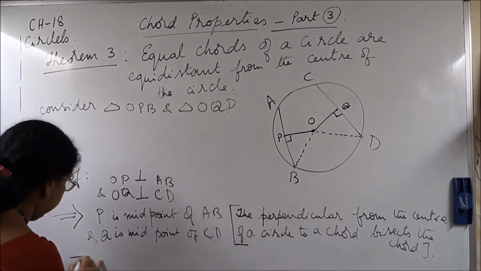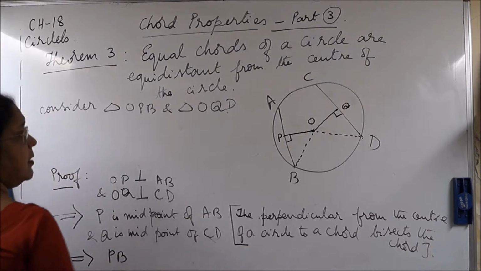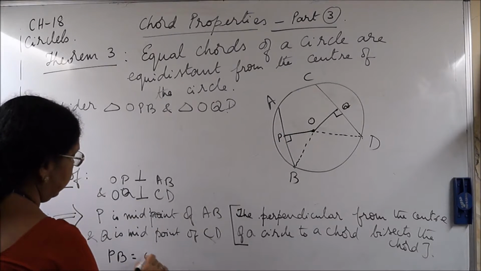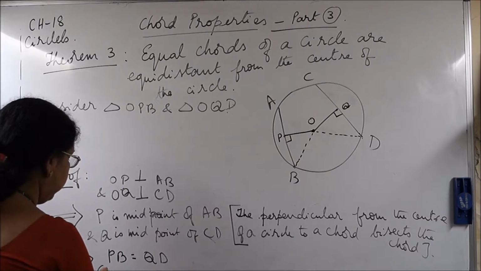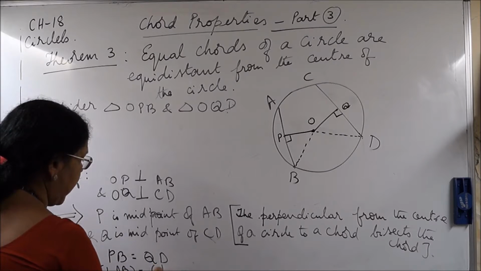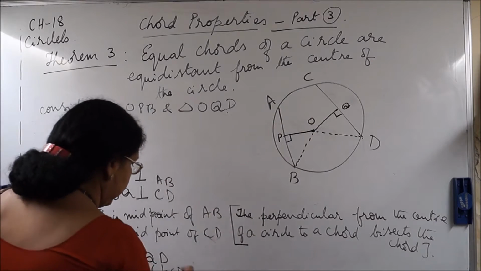Means what? This implies that PB is equal to QD. Why? Because what is PB? Half of AB. And QD is half of CD.